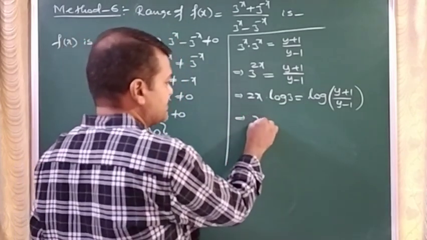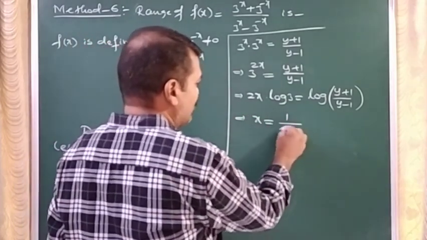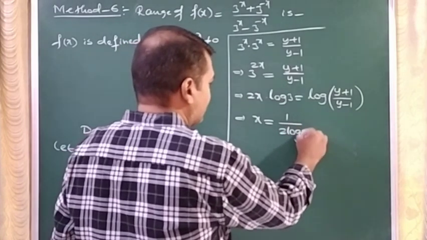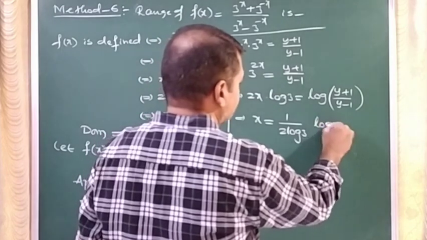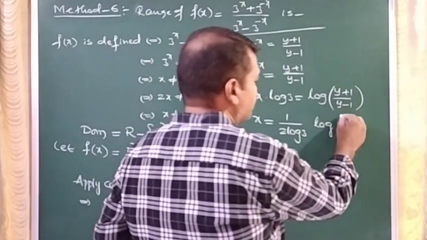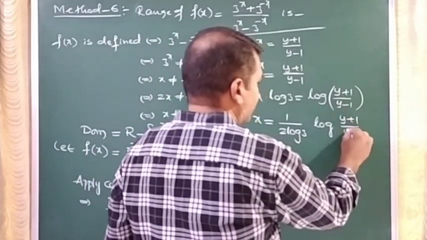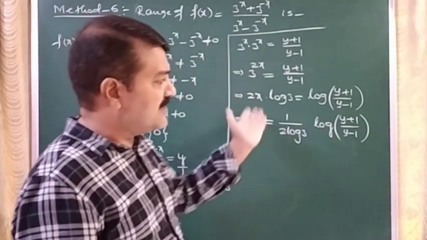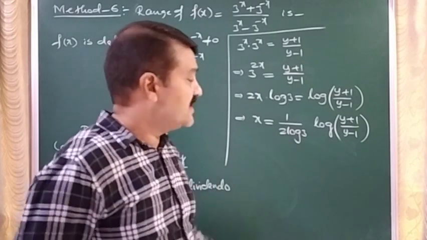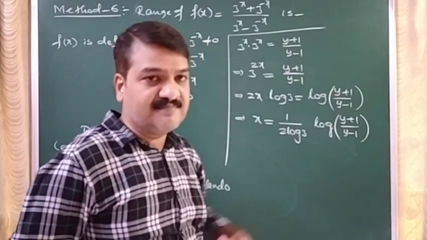Means I can write like this: x is equal to 1 by 2 log 3 into log of y plus 1 by y minus 1. So I got x in terms of y.